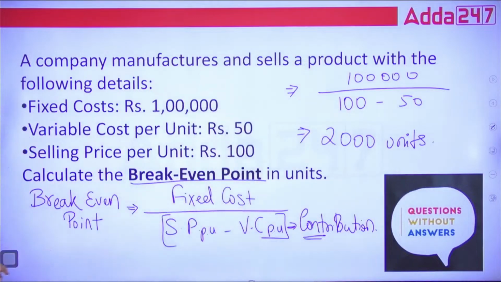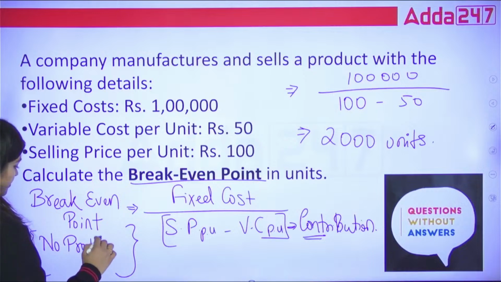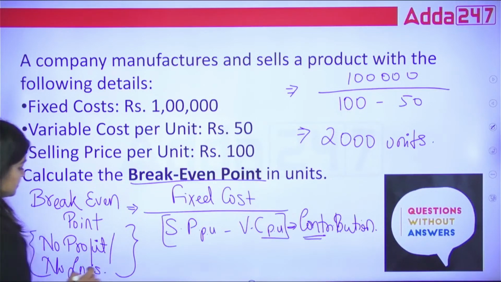Your break-even point in units is 2000. And what is the meaning of break-even? Break-even point is that point at which you incur neither any profit nor any loss.